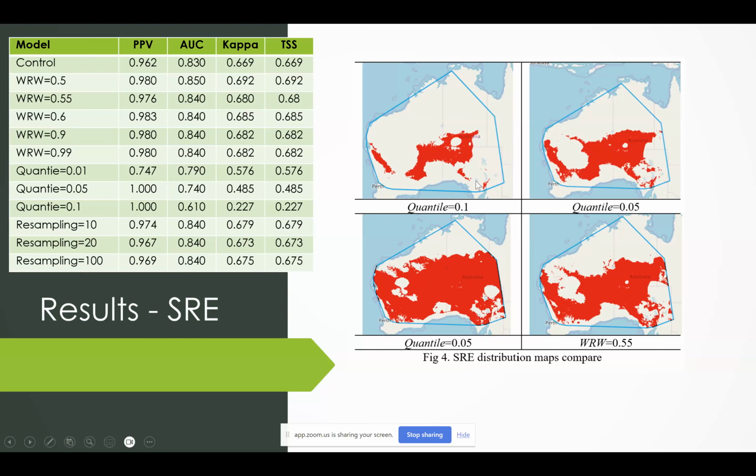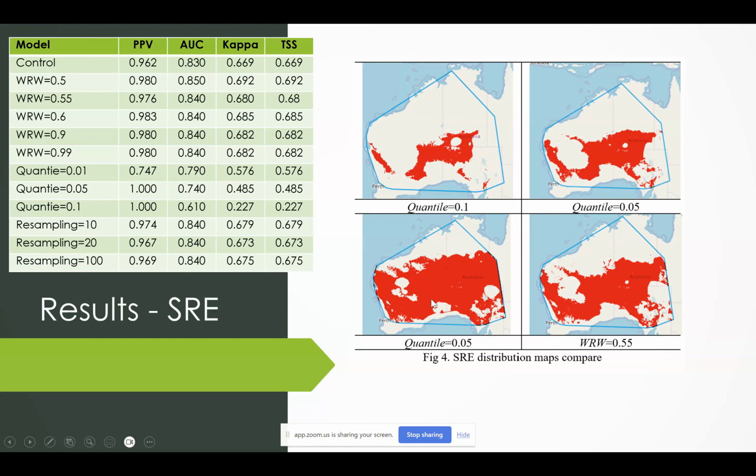Similar issues occurred when we look at the SRE algorithm. We got the highest evaluation result for PPV with the model quantile equals 0.05 or 0.1, and the distribution maps are quite different.